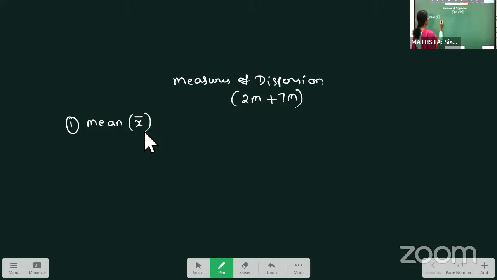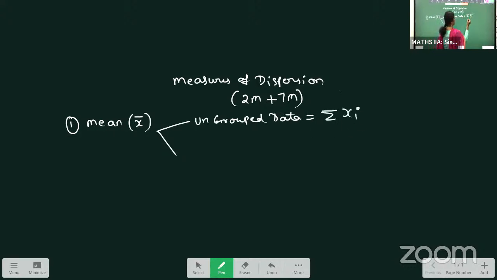For ungrouped data, mean is equal to sigma xi by n. Here n means number of observations and xi means the given observations, sum of the given observations by total observations.